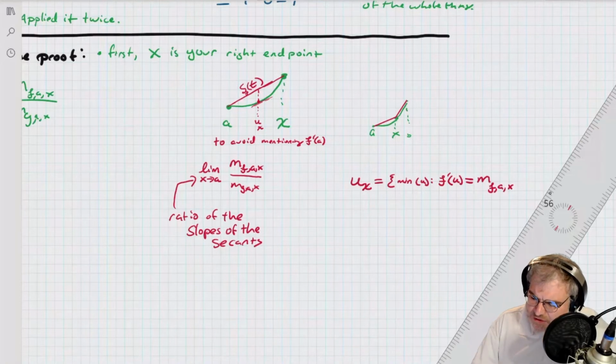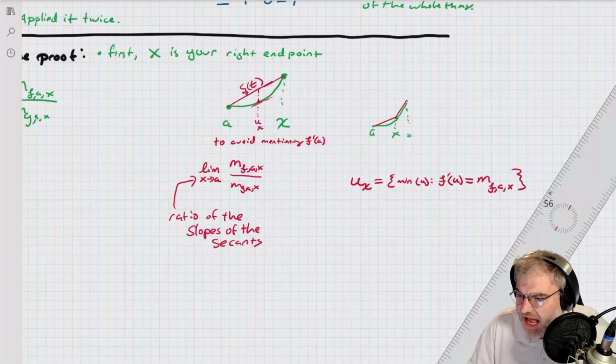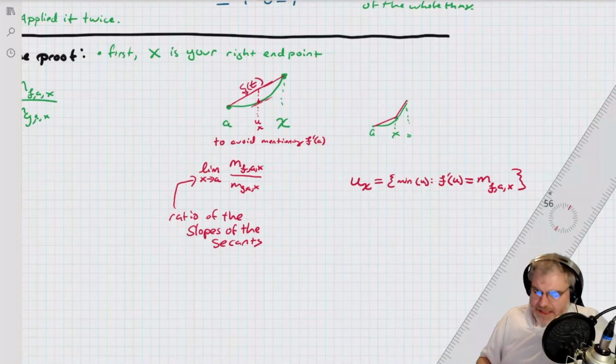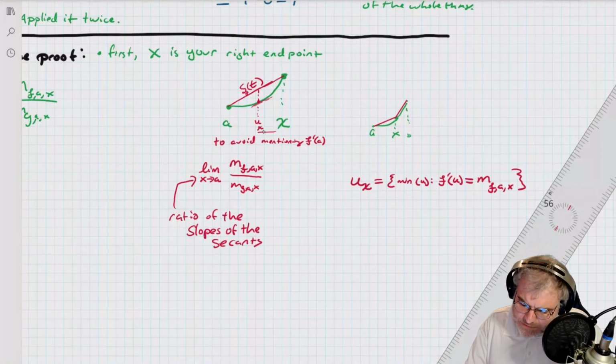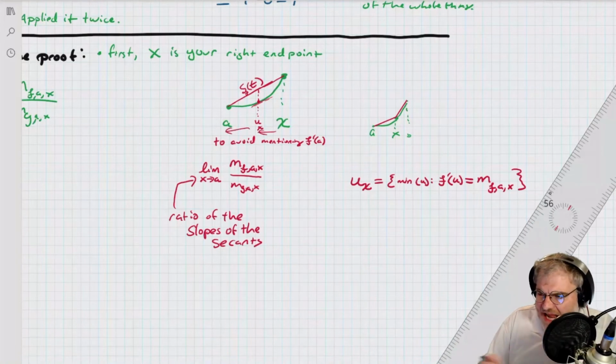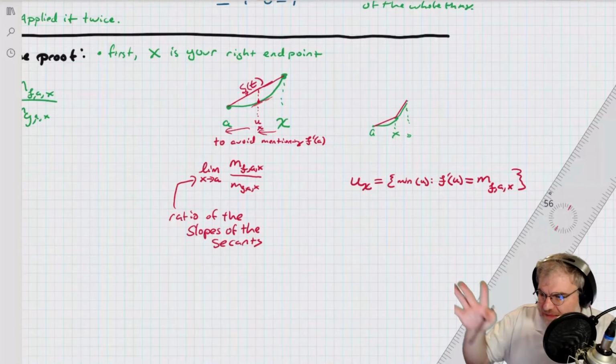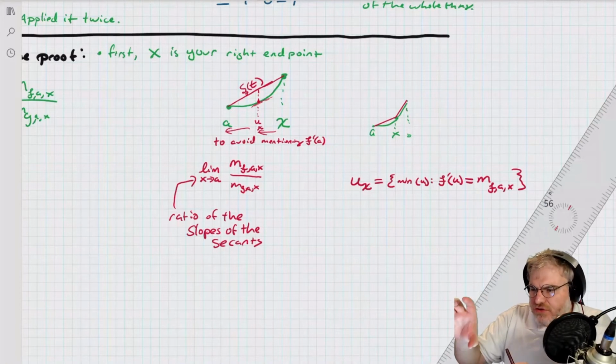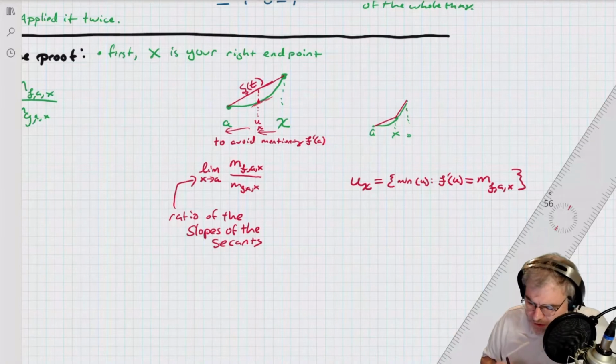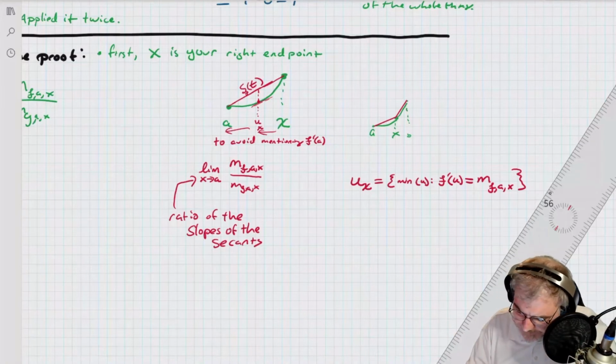So that's the intuition. I'm picking up this u for every x, and then I'm taking a limit. So as I slide x toward a, this ux gets closer and closer to a.